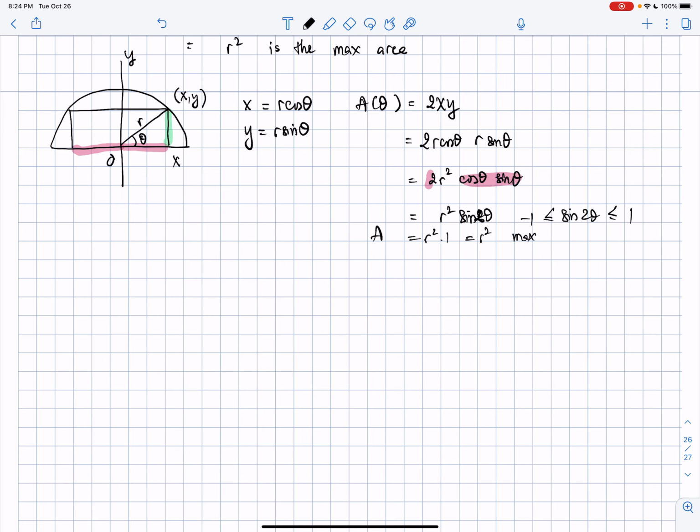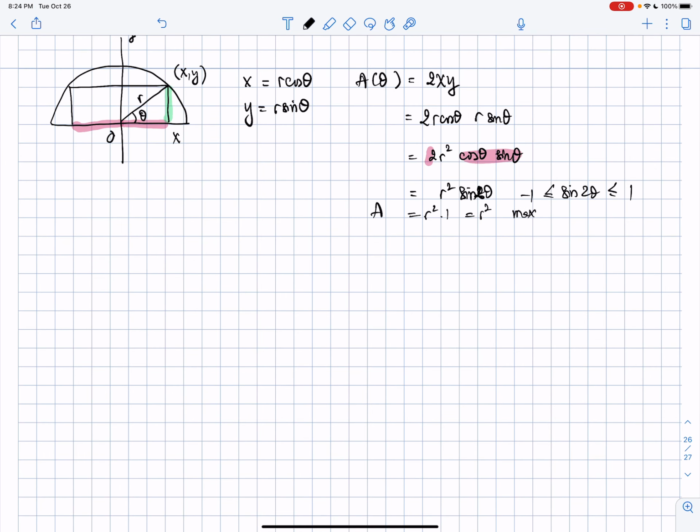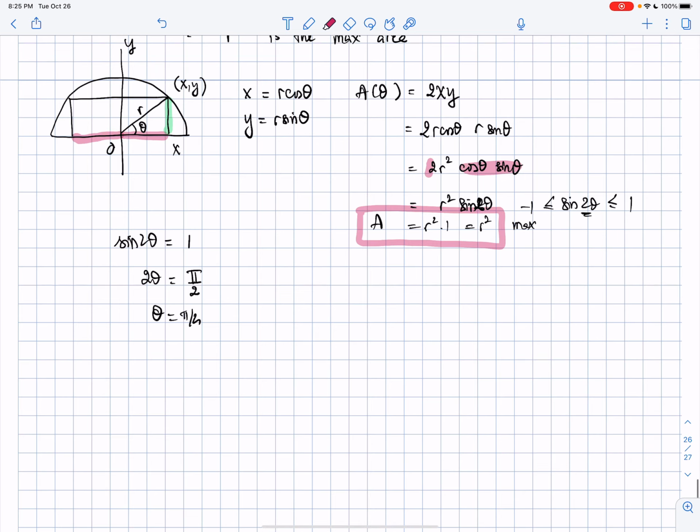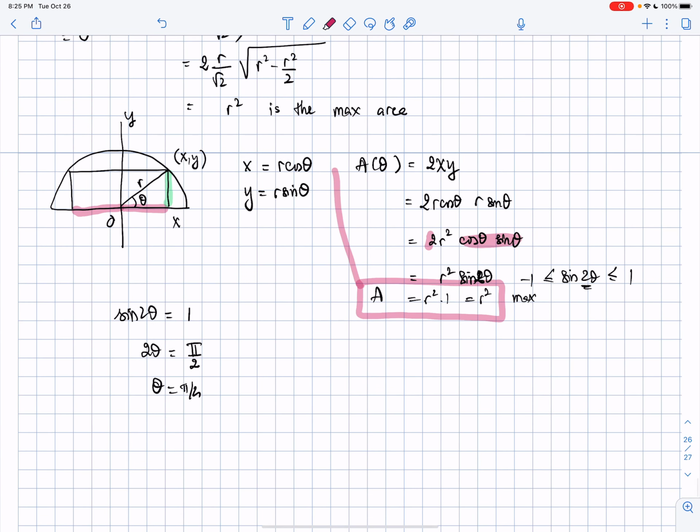It happens when sine of 2 theta is 1. That means 2 theta has to be pi over 2, so theta will be pi over 4. Anyway, the max value of the area is r squared, and we get the same answer as when we used calculus to solve.